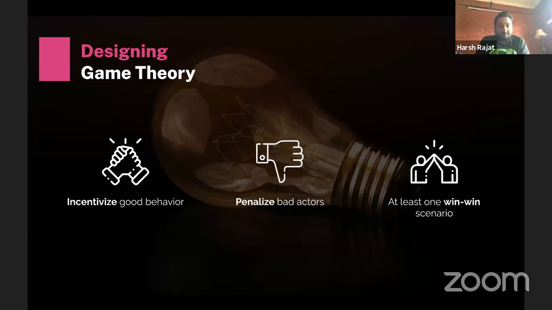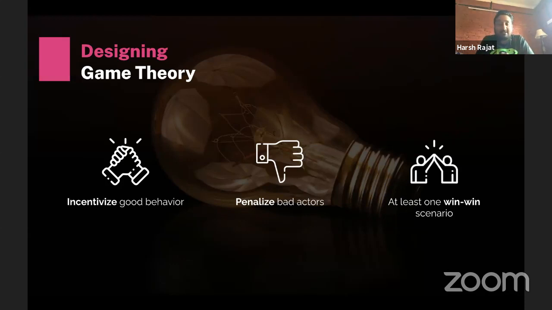So in terms of this example, if you do a great job in getting your roles and responsibilities done in the organization, then you might be promoted and your salary might be increased. So again, this is the incentivization part, or incentivizing good behavior.